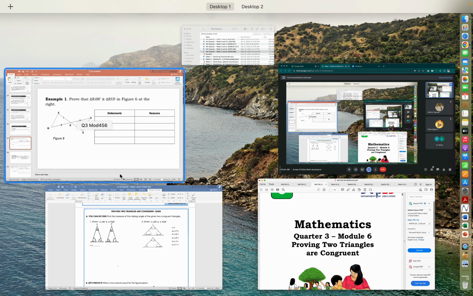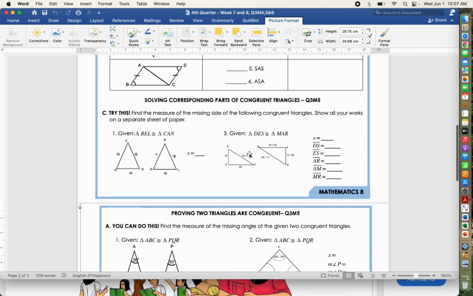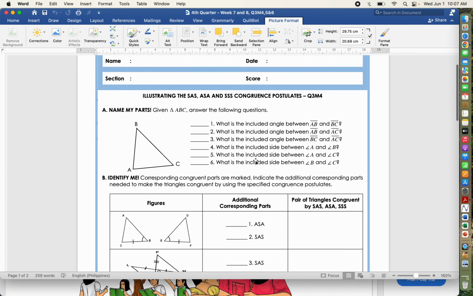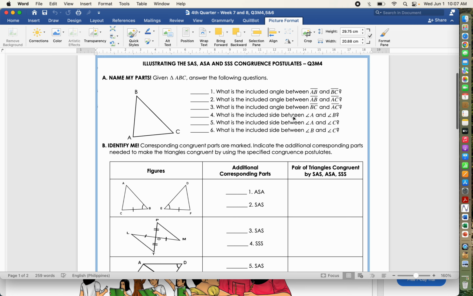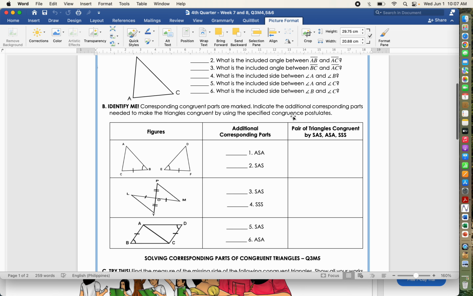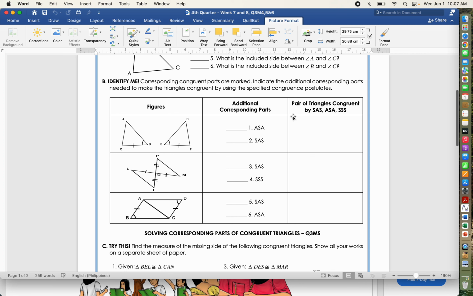And then of course, sa worksheet niyo, you have there yung part 1, questions about illustrating the SAS, the ASA, and SSS congruence postulates from your module 4. And then part B, identify me. So there are 3 columns there.